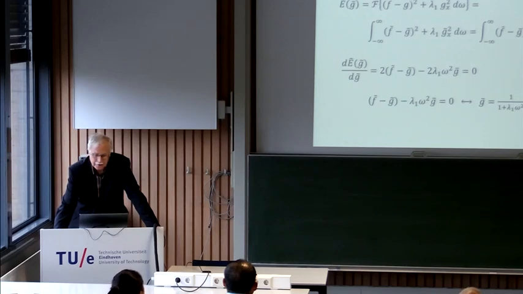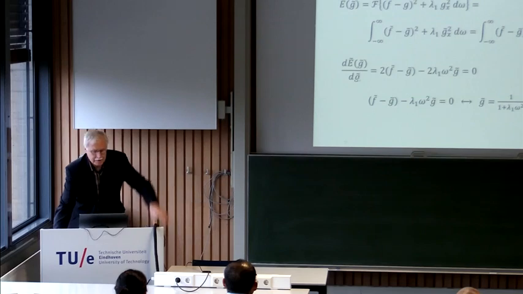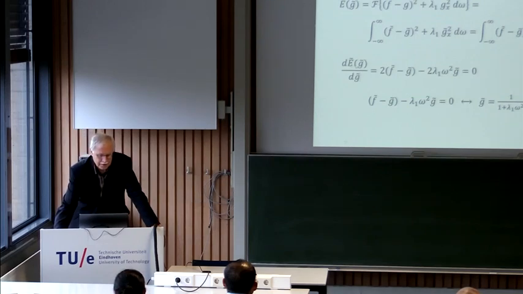It's a little bit better behaved. And you can say, I take the derivative to g because I want to have this in the minimum. I want to have the minimum energy. So you take the derivative of this, it's 2 times f tilde minus g tilde minus 2 this. That is 0. You kick out the 2, so this is 0.